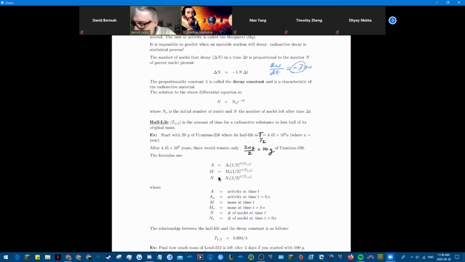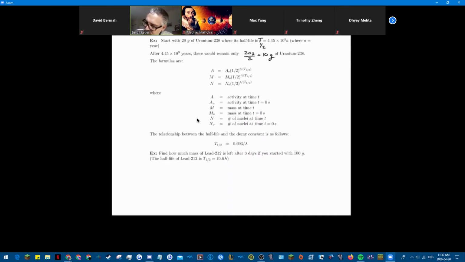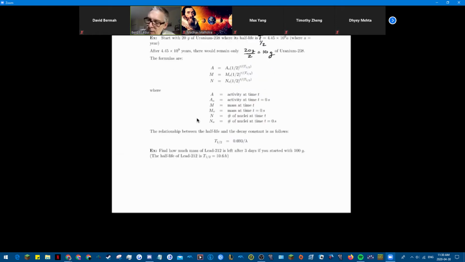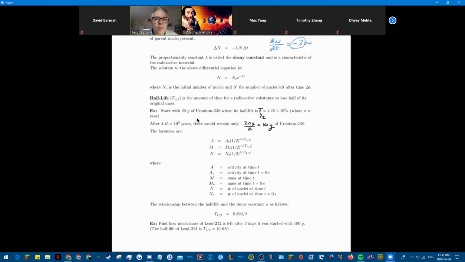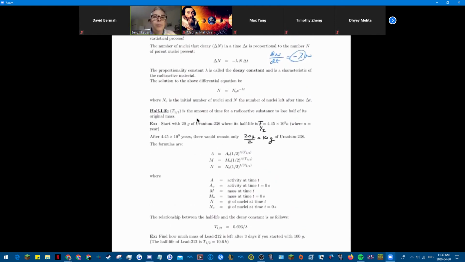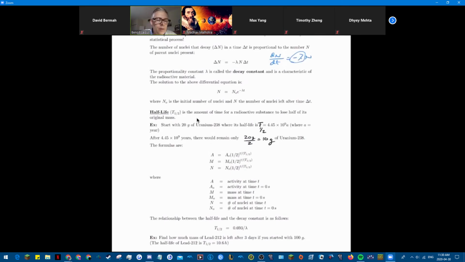Now, activity: the amount of radioactivity is measured by a unit called activity. And the unit of activity is called the becquerel. The activity is the number of nuclei that have decayed per unit time.